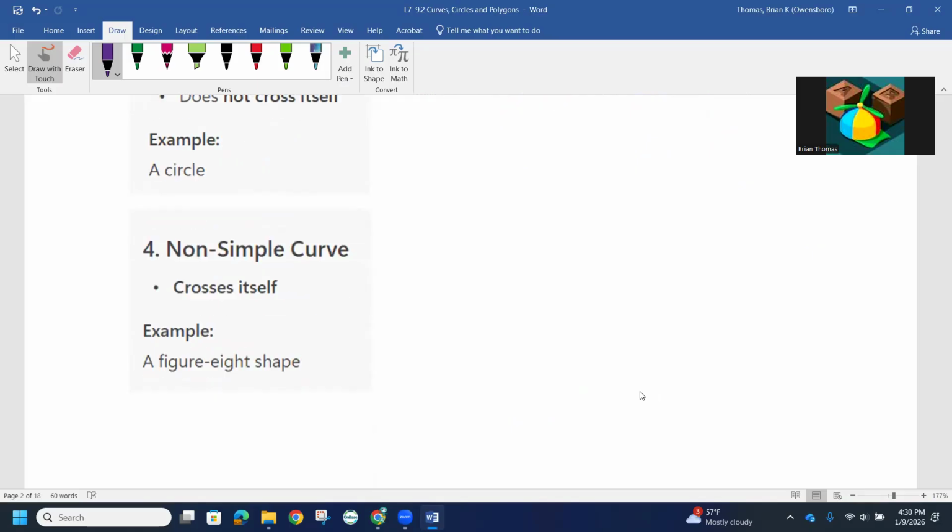So a non-simple curve is something that actually crosses itself. It's almost like a figure eight, if you will, where it crosses back over. Notice how the curve crosses back over itself. Or you can do it where it doesn't actually have to touch again.